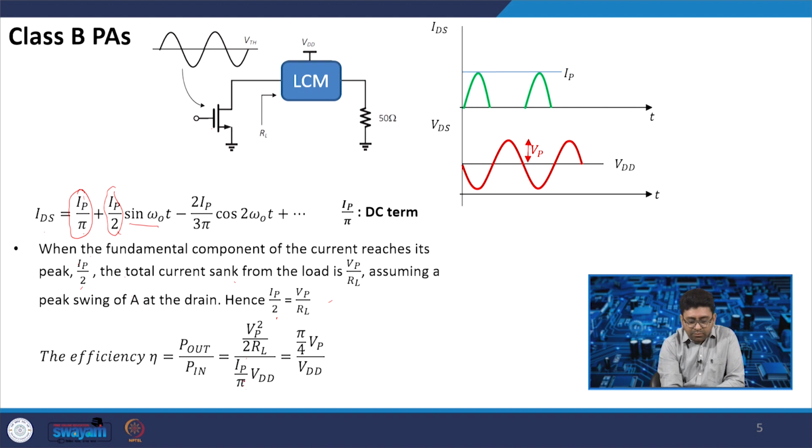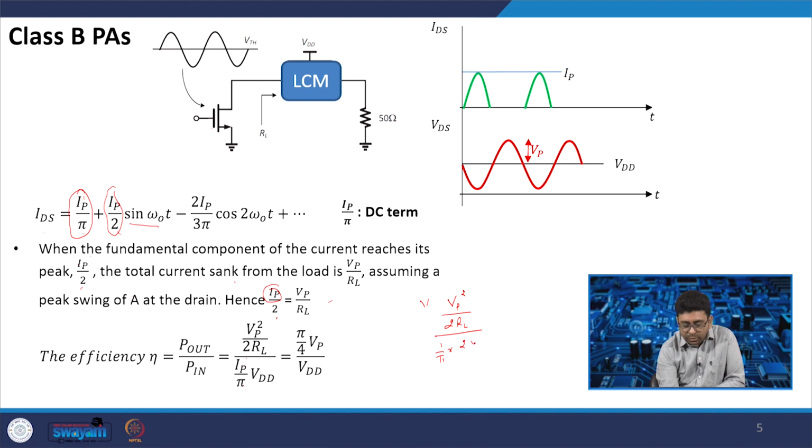Here Ip is replaced with 2 Vp by RL. So, we can write Vp square by 2 RL divided by Ip by pi.